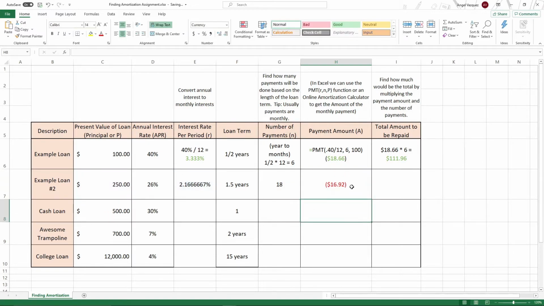Now let's press enter, and we have here the monthly payment for that amount of money, including the interest rate for that time span. So every month it would be good to pay 16 dollars and 92 cents in order to pay before the deadline or the maturity date. Now how do we know how much we're going to be paying in the end? Well, we have to multiply 18, which is the amount of times that we pay, by the amount that we have to pay each time.